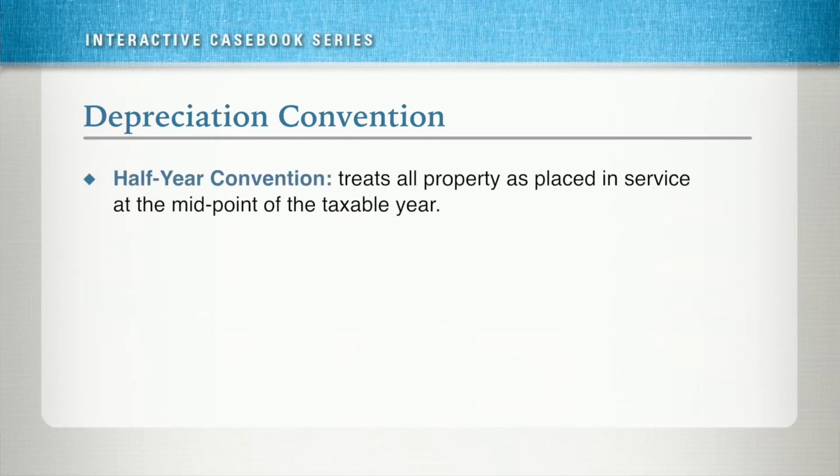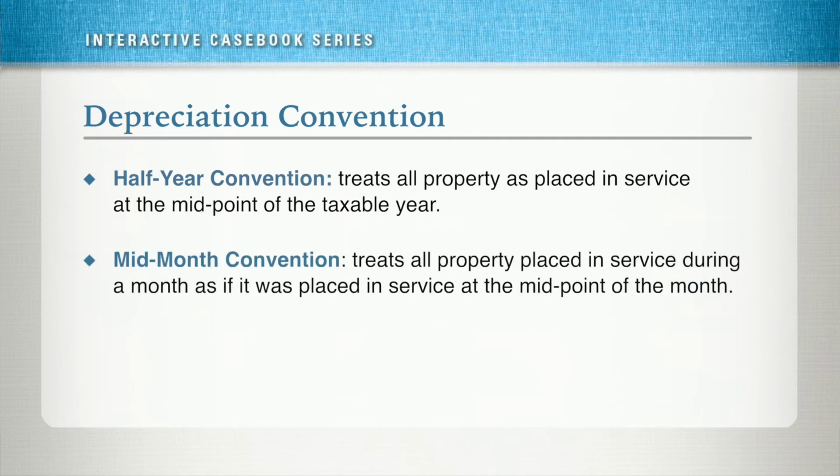Unfortunately, it's not that easy. Because an asset is not usually placed in service in the beginning of the year, the code creates conventions for determining when an asset is placed in service. The half-year convention is the default and applies to most assets. It treats property as if it were placed in service or disposed of at the midpoint of the taxable year, thus the half-year convention.